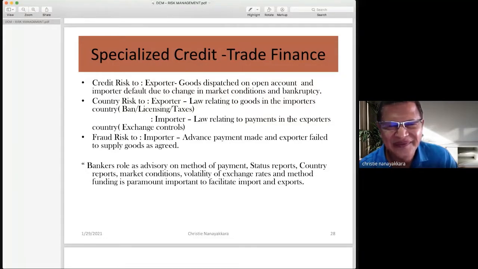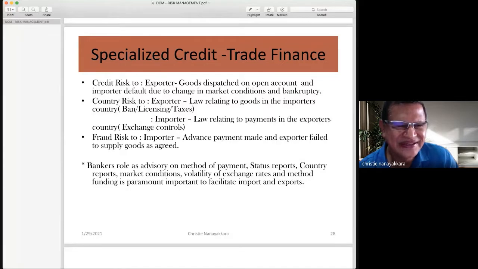Now here we'll see how we can relate this to credit risk. Opening a letter of credit in favor of a customer overseas, banks need to establish the creditworthiness of the customer who is the importer.